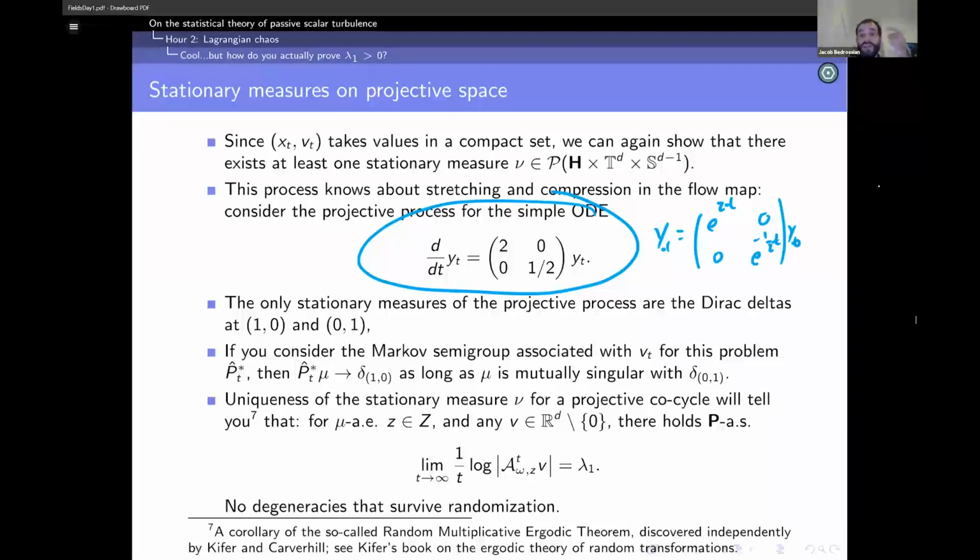Right, so it's going to compress in one direction and grow in the other direction. No, wait, I think I messed up. This is probably a 1. I accidentally flipped the, anyway, you see what I did wrong.